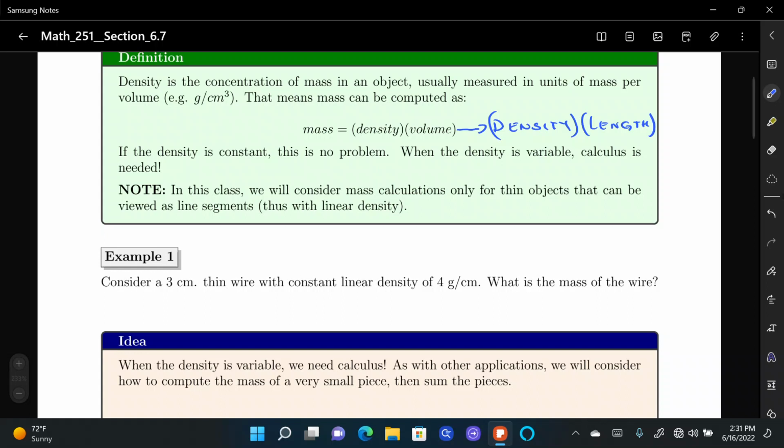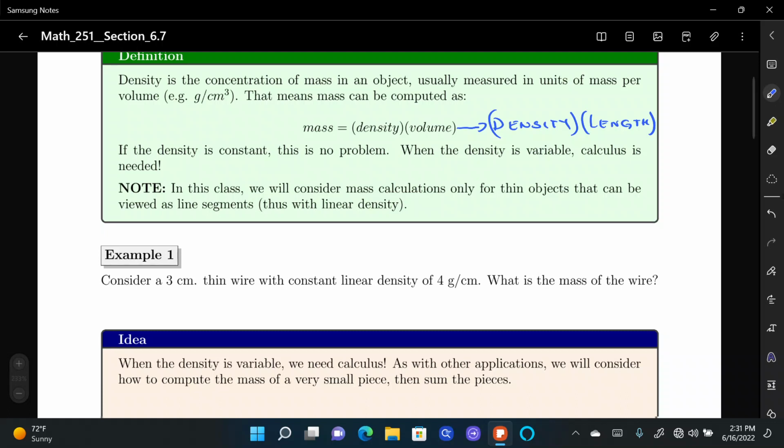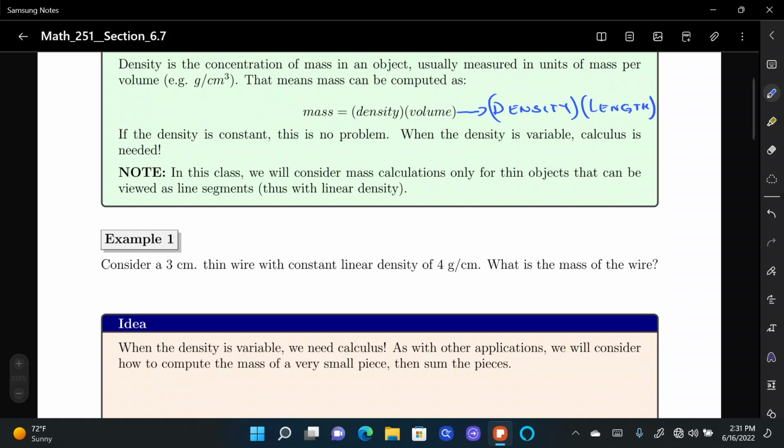It's the same value, so that's why we would use just this formula, no calculus involved. However, what if you have a bar made of an alloy of different materials, where the density is not even at every single point? That's where calculus comes into play here.